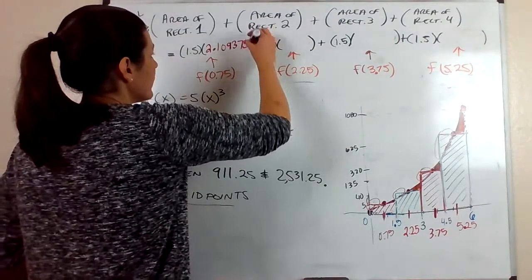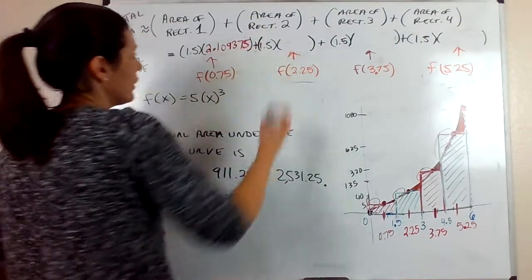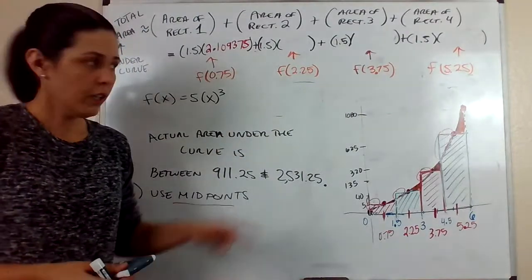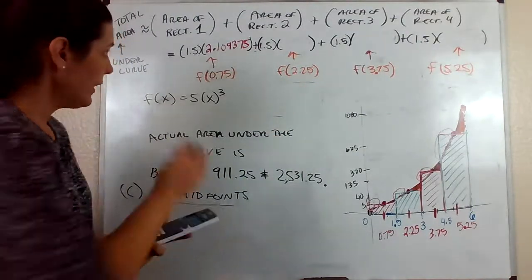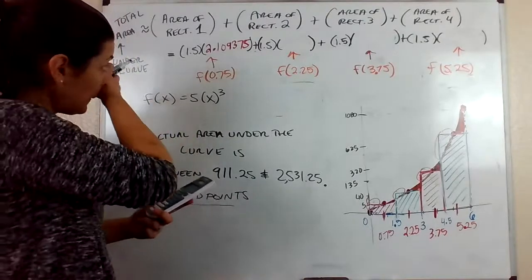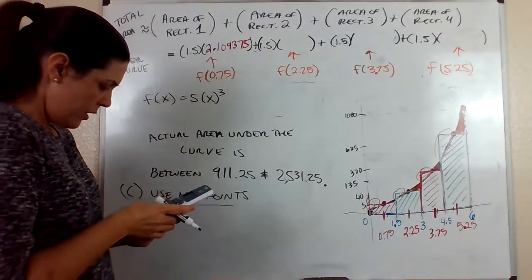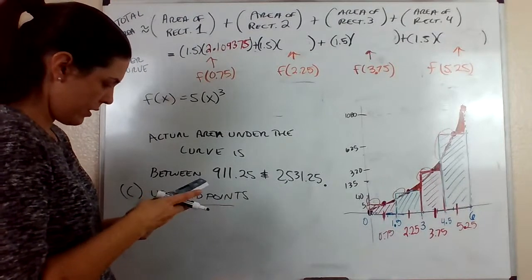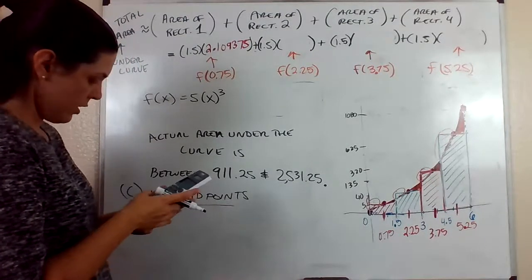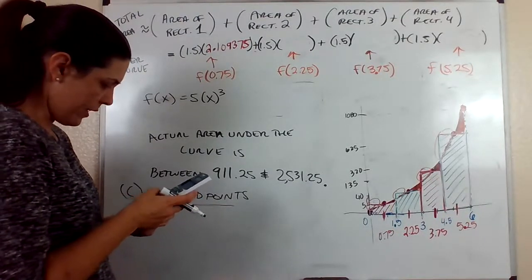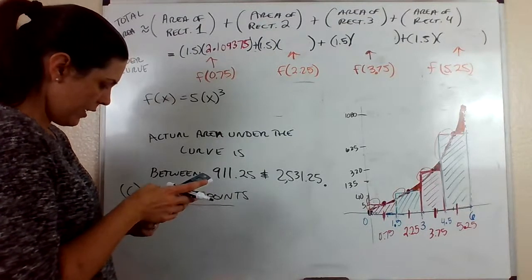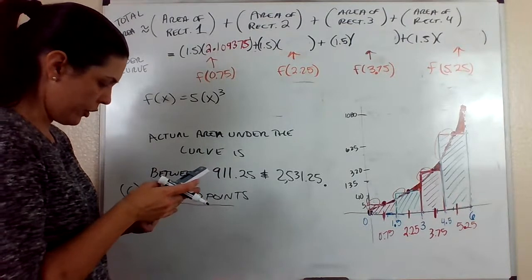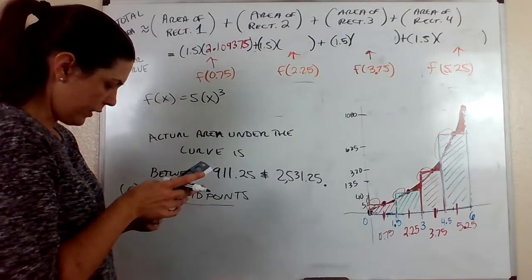Let's put this in here. There we go. So you would do that here, here, and here with our other 3 f of x values, and then we would add this all up. So 1.5 times the number we just got, plus 1.5 times if we had plugged in 2.25 into our function.